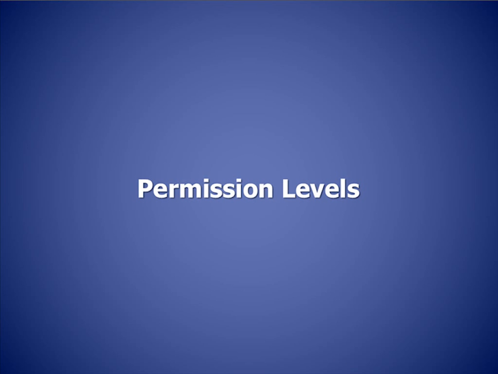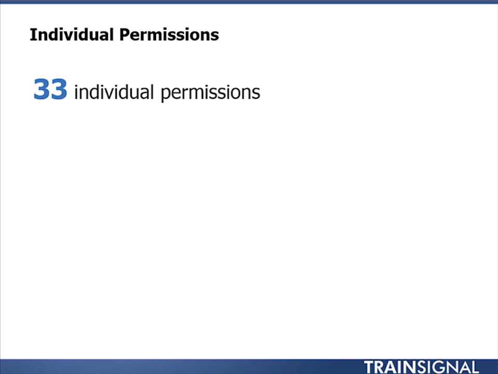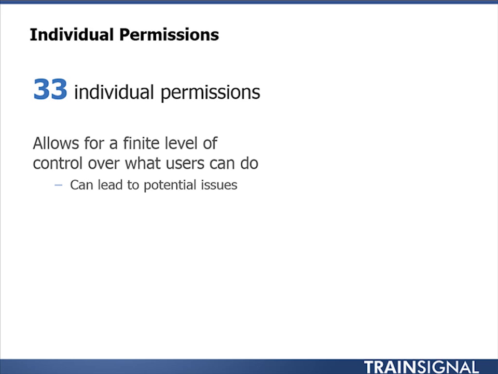Now, in SharePoint, what you're going to notice is that we have a bunch of permissions available to us. There's 33, in fact. And what's nice about having that many permissions is that it gives us a lot of control over what we want the user, or more importantly, don't want the user, to be able to do.